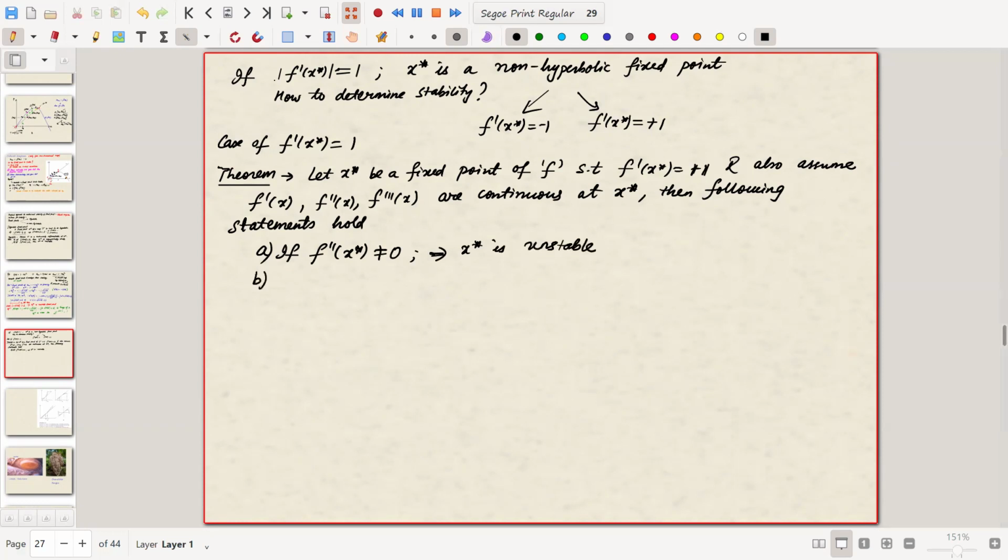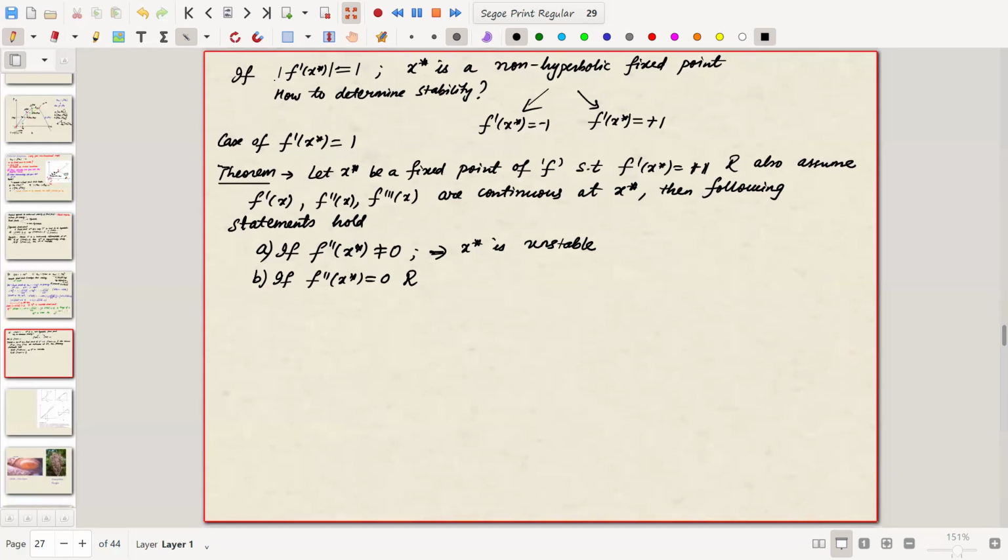Part B, if f double prime of x star is equal to 0, that means f double prime is also not giving you any information, then you take help of the third derivative, that is f triple prime of x star. If it is greater than 0, x star is still unstable.